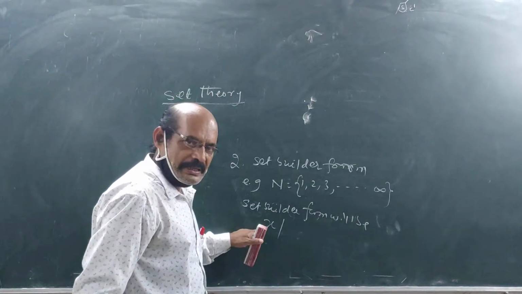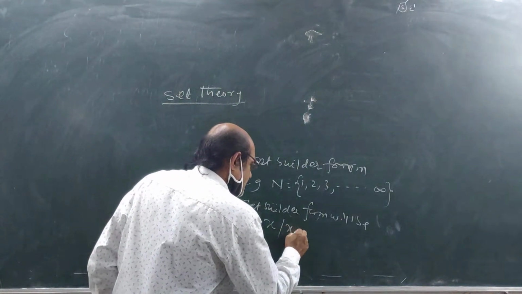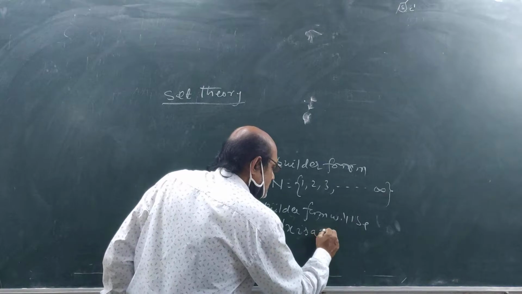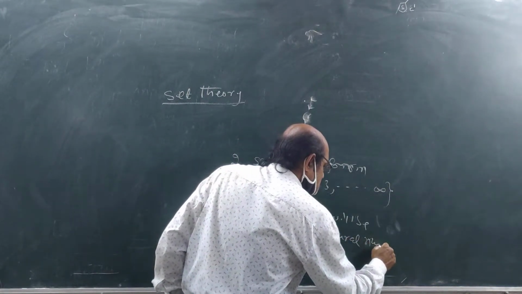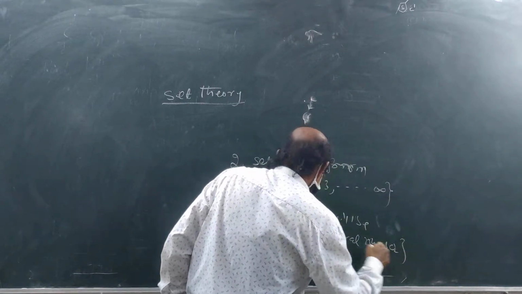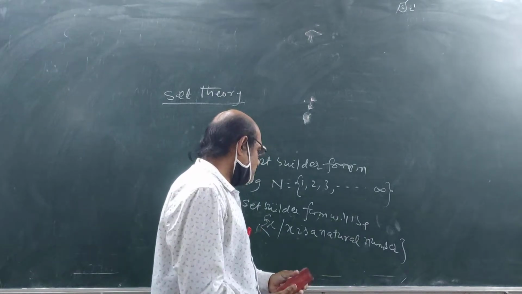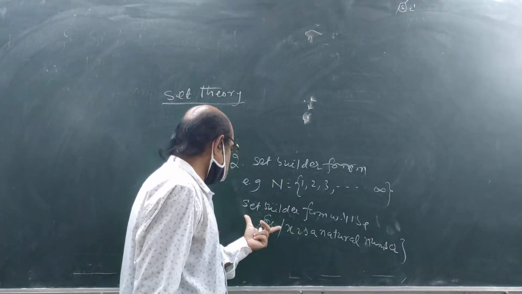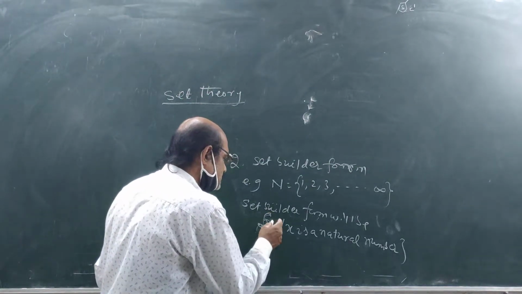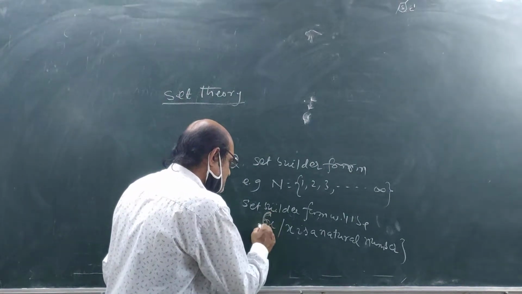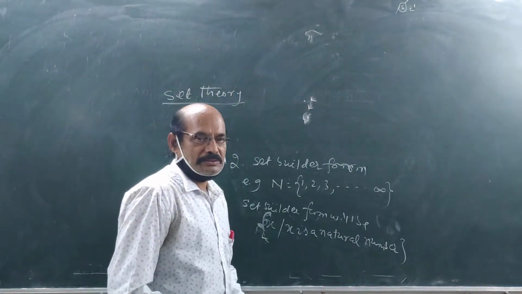This is how to write a set builder form. Without writing all the elements one by one, I put it in a shortcut way. Here also a curly bracket is there.